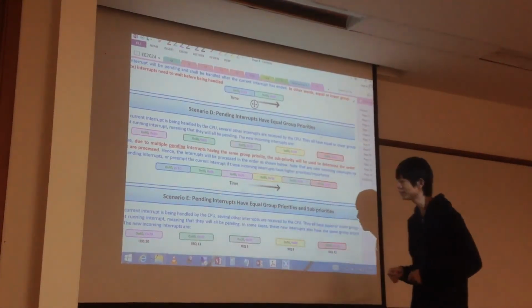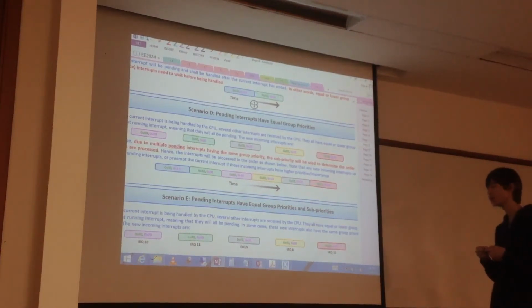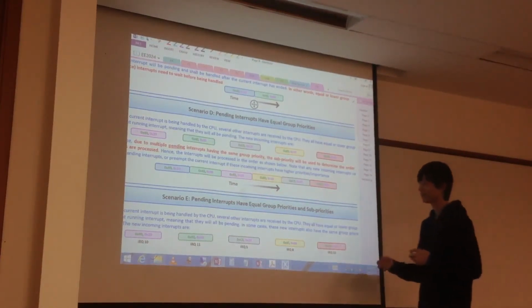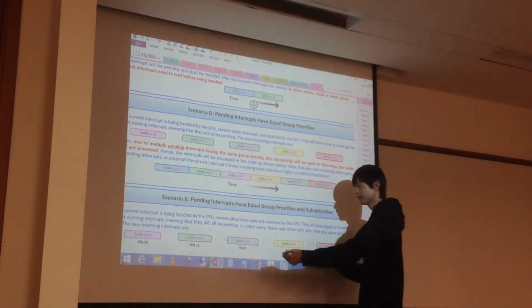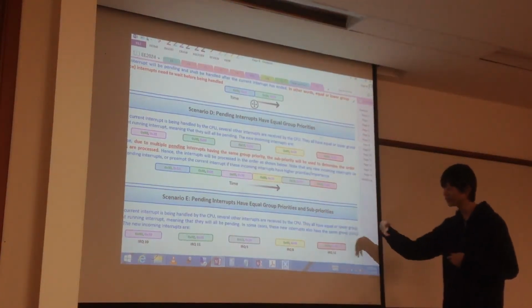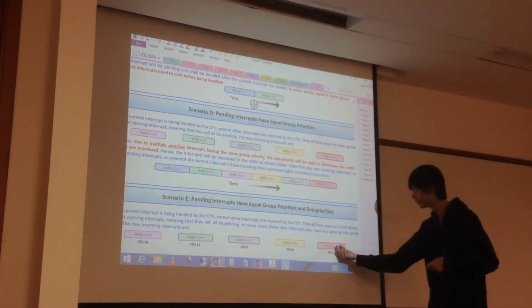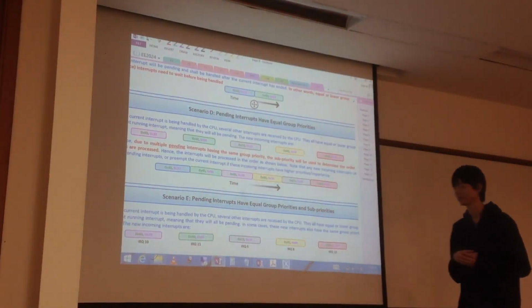Because they're all 40, we look at the sub-priority. So which one happens first? We have 0, 0, 0, 0. So one of these two will happen first. After these two have been completed, it is 20 and 20 which will be carried out.